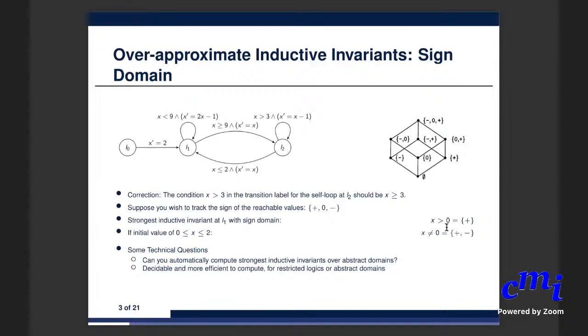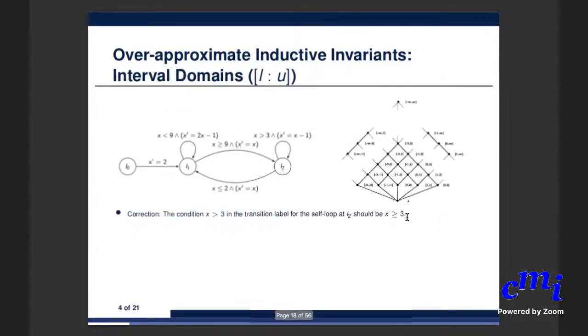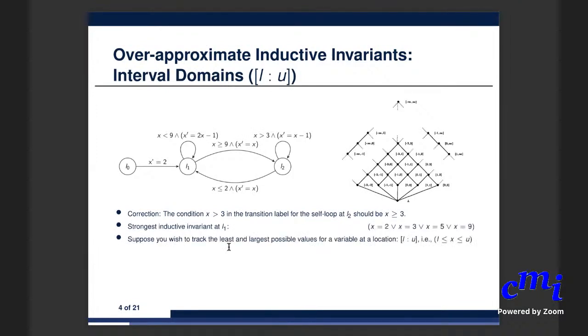Okay, so let me then move on. Another very popular abstract domain that is used to track values and prove properties is the interval domain. Okay, so for the same example, suppose you wish to only track the largest and the least possible values that a program variable can take at a location in any of its executions.